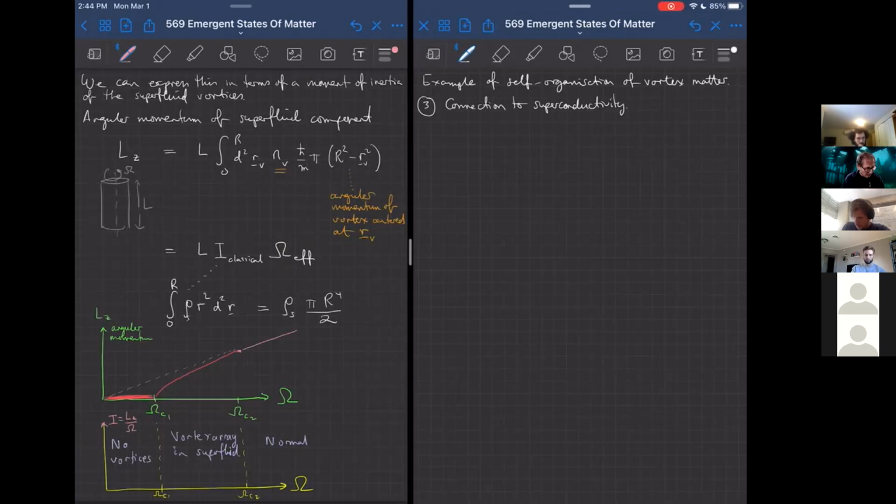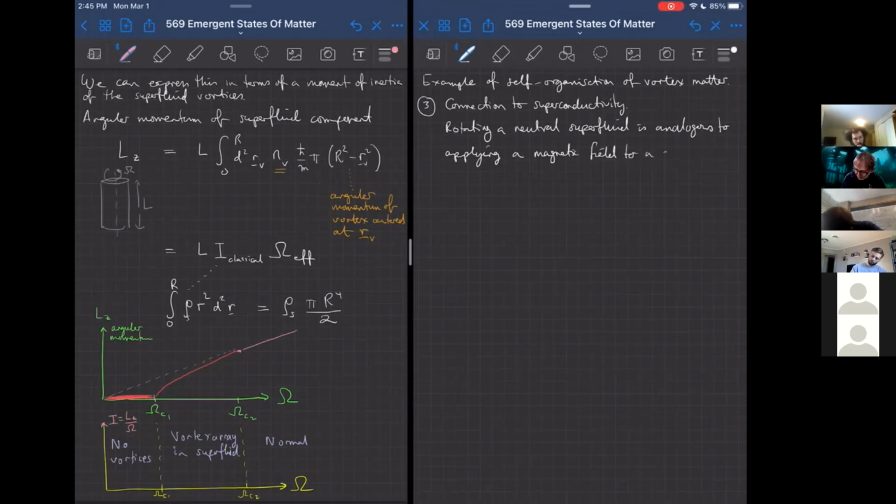And so basically, rotating a neutral superfluid is analogous to applying a magnetic field to a charged superfluid. And that's what we call a superconductor.